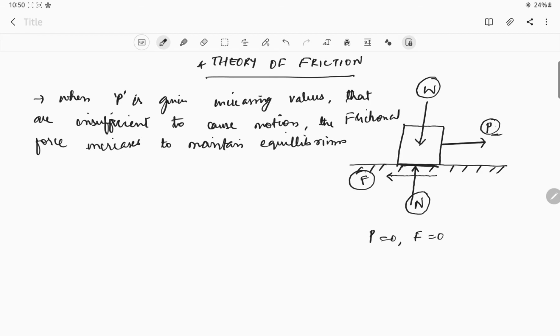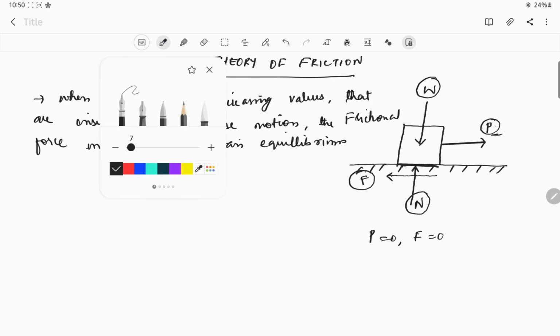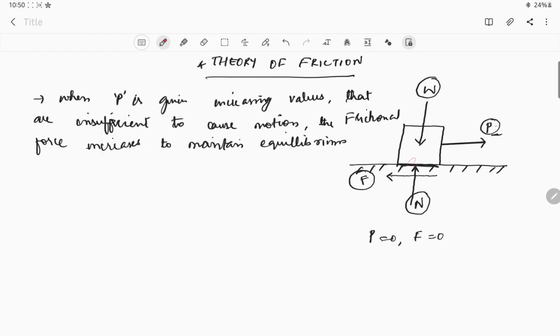Now what is the meaning of this sentence? See here, suppose this is the block, right? Suppose the frictional force between these two surfaces is, let us say, 50 newtons.